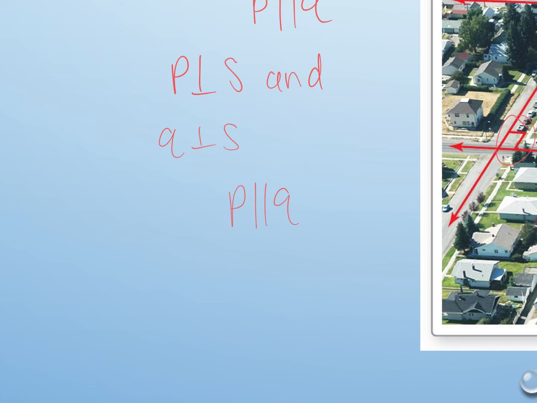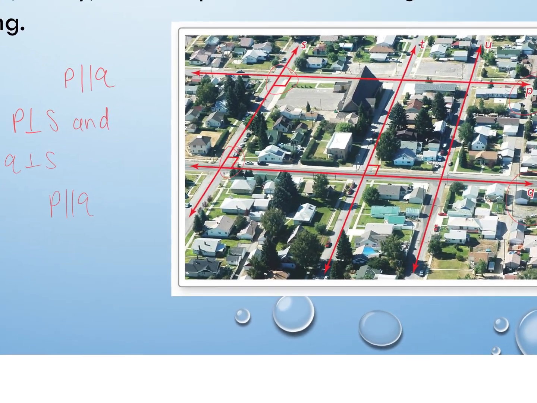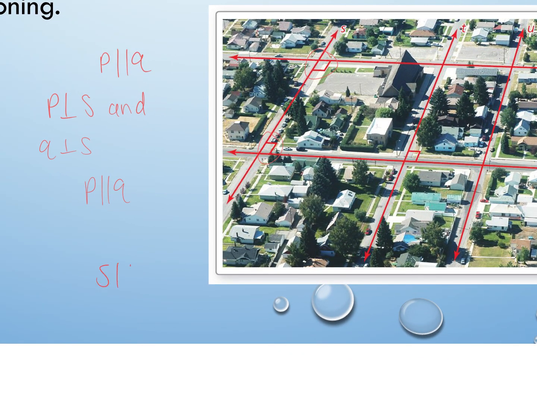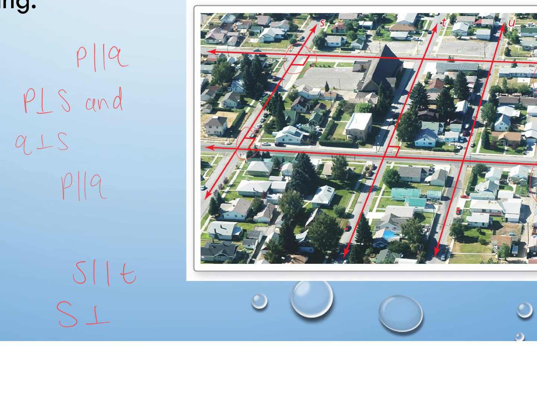All right. Is there another pair of lines that's perpendicular to the same line? Sophia? Very good. We can say S is parallel to T because S is perpendicular to what? P. Wait, no. Well, it is perpendicular to P. From Q. Let's say Q. And T is perpendicular to Q. So therefore, take out your middle man.